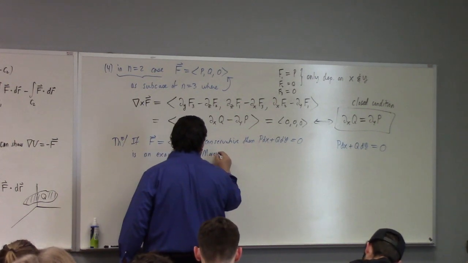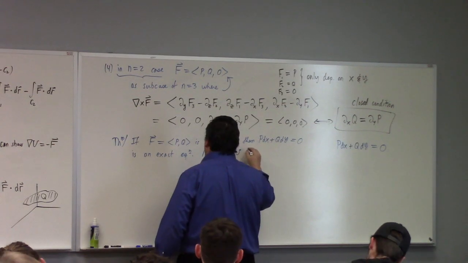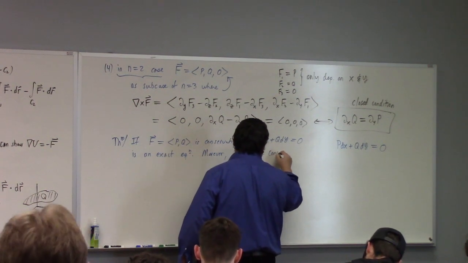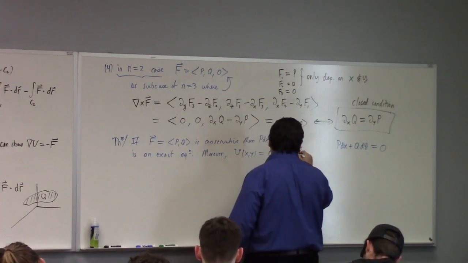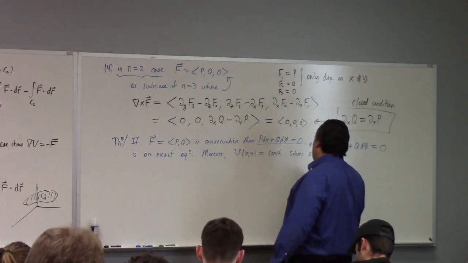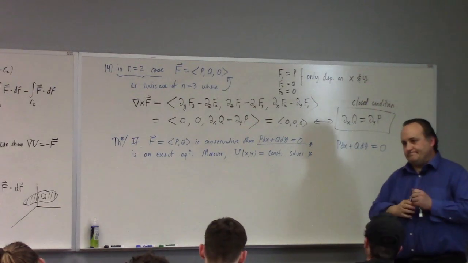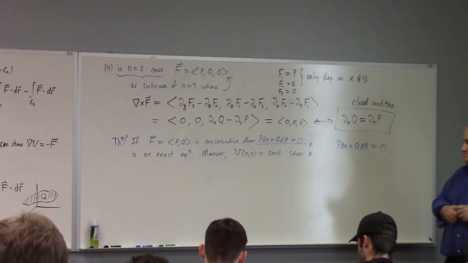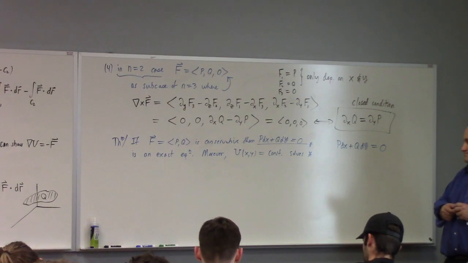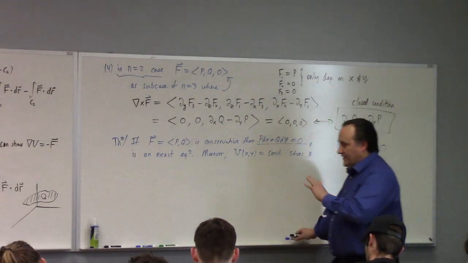Moreover, u of x comma y equals a constant solves star, where u is the potential energy. Let me show you a concrete example of this.